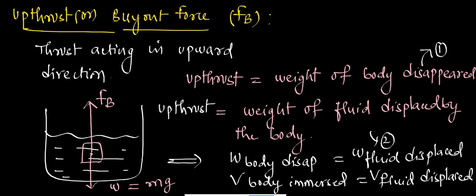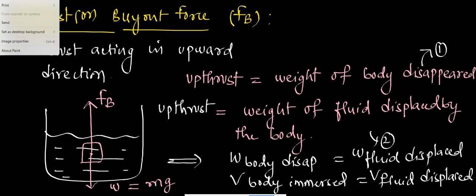How much volume of the body is present in the liquid, the same volume of the fluid will be coming out. Yes, ma'am. If I suppose the body present inside the fluid is having volume of 5 meter cube, then how much fluid will be coming out? 5 meter cube only. Yes, volume of the body is present inside, the same volume of the liquid will be displaced. Yes, ma'am. Okay, so now we'll go for Archimedes principle.